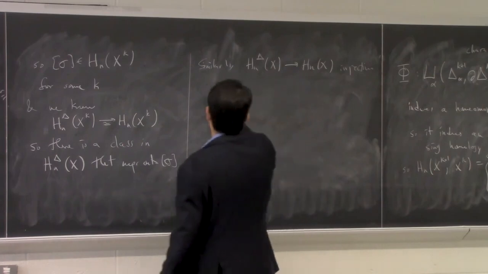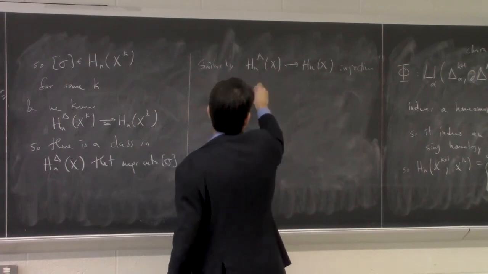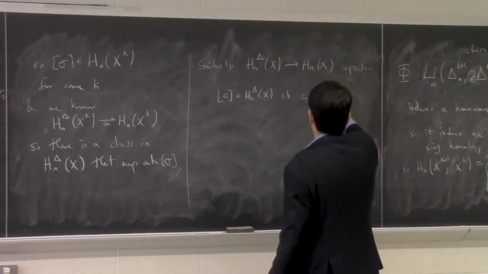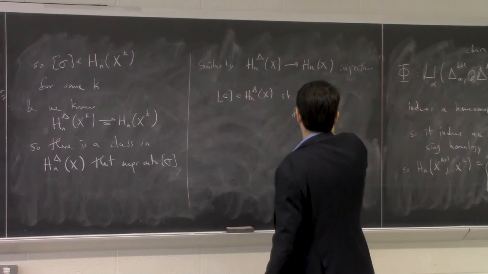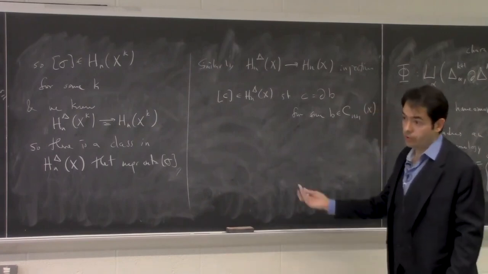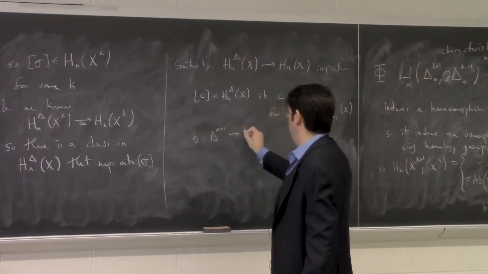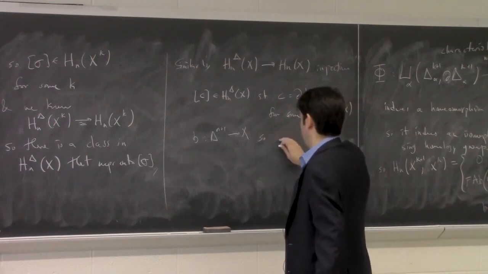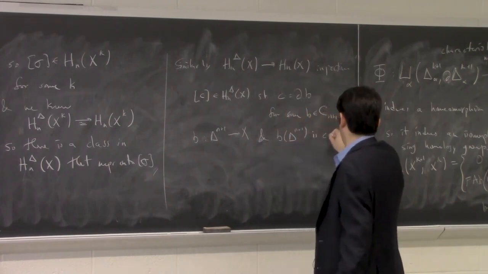So say you have a class in here such that this representative C is a boundary of some B in C n plus 1 of X. So this B is a map from delta n plus 1 to X. The image of delta n plus 1 under B is compact.